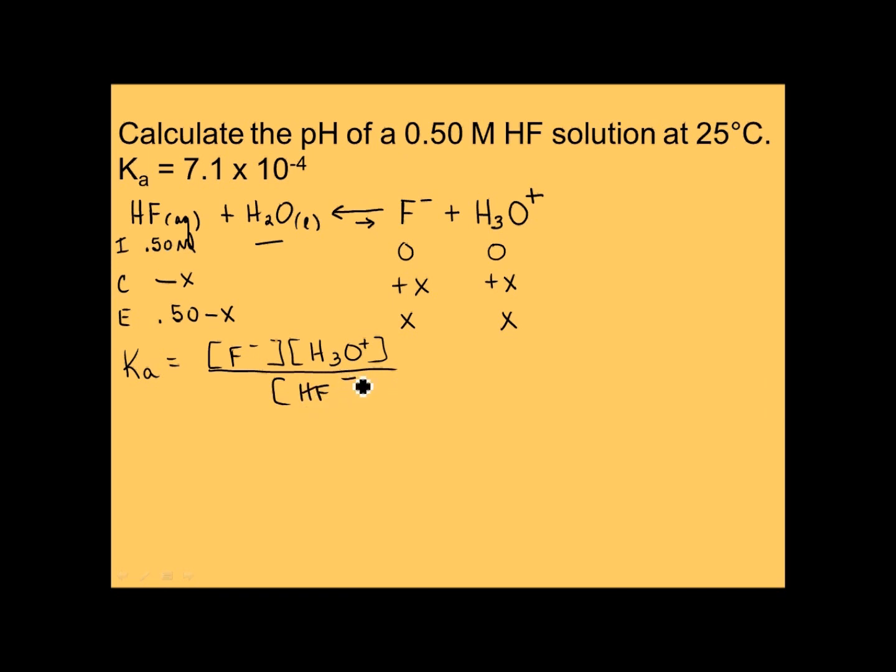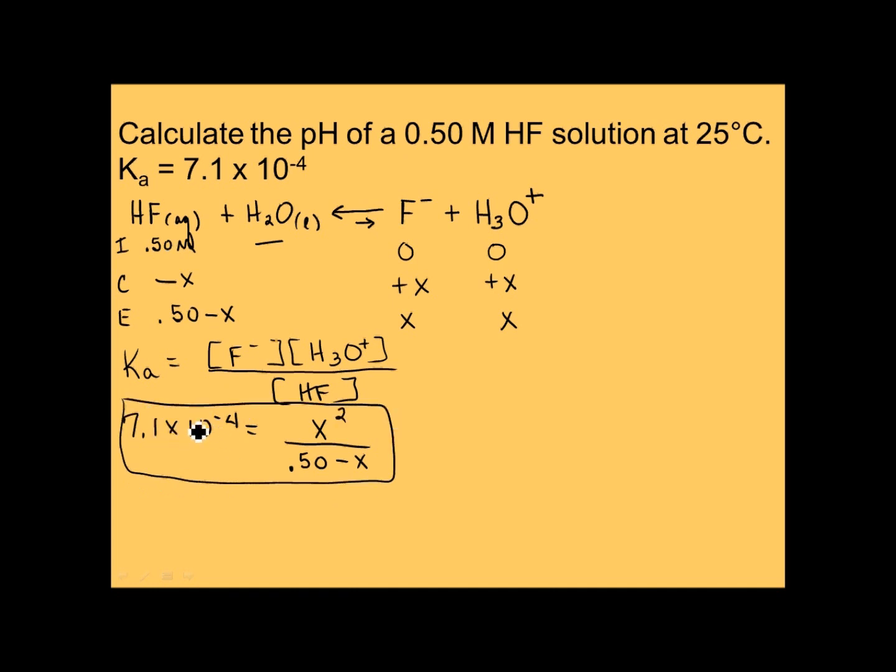All right, now I'm going to substitute in my numerical values. So my Ka is given. My fluoride and my hydronium ions are each X. Actually, all your weak acids and your weak bases will have the exact same form.